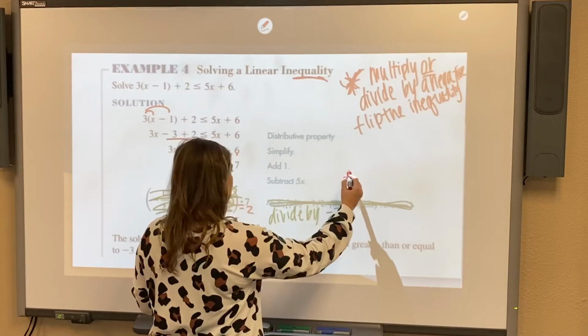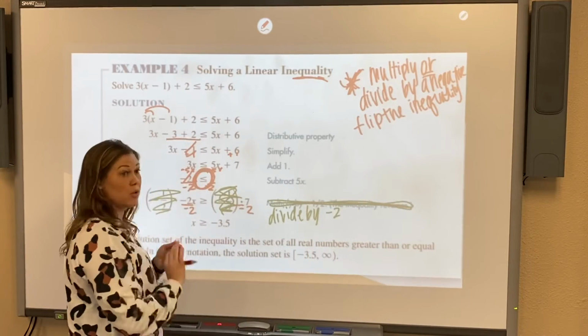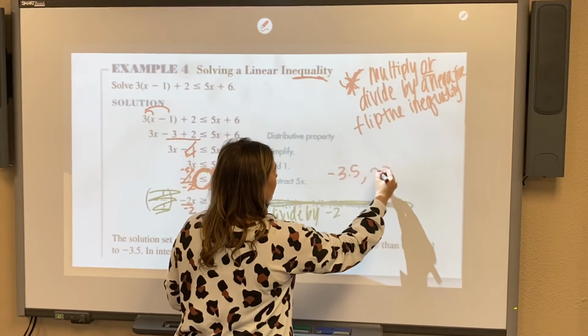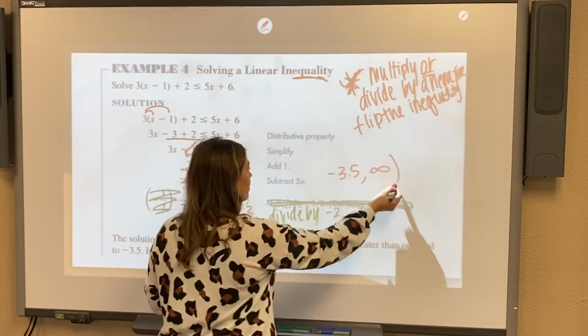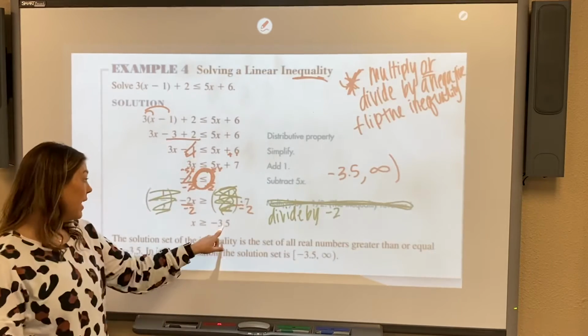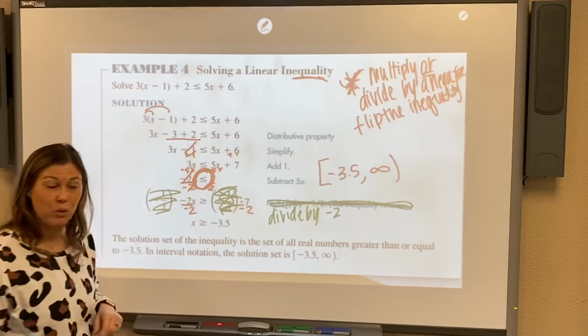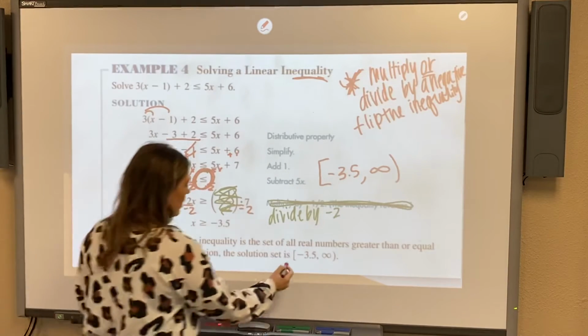And so your solution set, negative 3.5 is included, and it's greater, so that goes to positive infinity. So we have negative 3.5 to infinity. Infinity is not included because it's not a number, but negative 3.5 is, so this will be a bracket by the negative 3.5, as you can see right here.